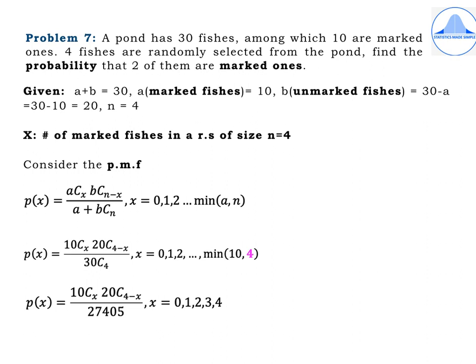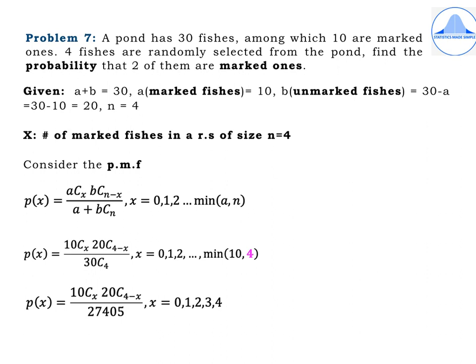Then substituting the values of n, a and b in the PMF, you will get P of x equal to 10Cx 20C4 minus x divided by 30C4, and x will take the value 0, 1, 2, so on, minimum of 10, 4. And the minimum of these two values will be 4, which is highlighted in pink color.